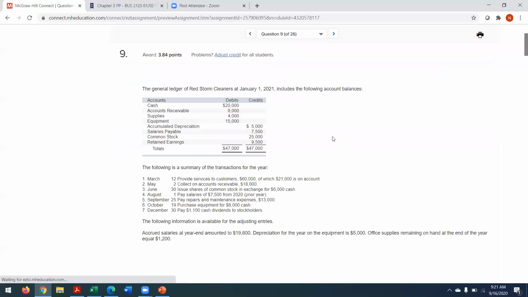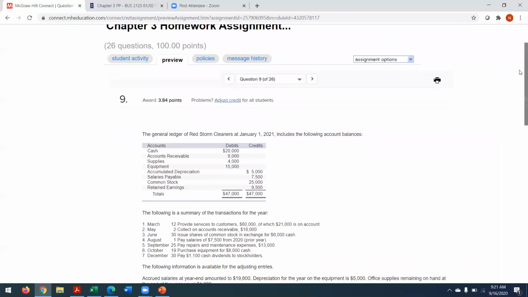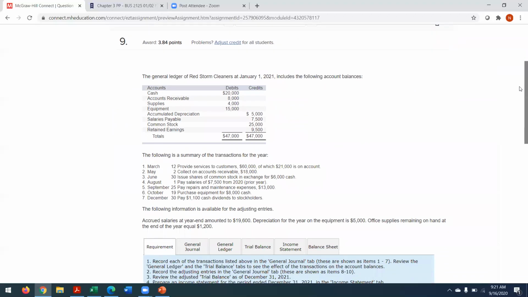Now, this number 9 shows us here is the general ledger of Red Storm Cleaners, and it gives us the debits and credits to date.